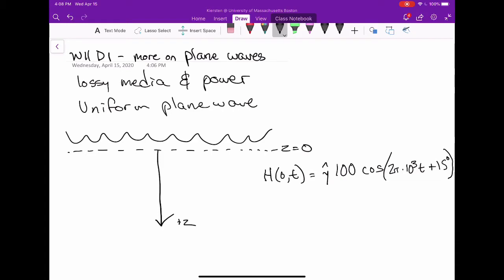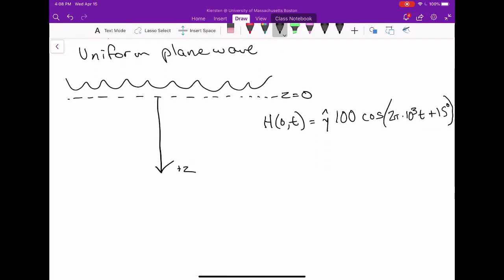And we're asked to find, first of all, phasor expressions for E and H as a function of position. All right, how do we get those?